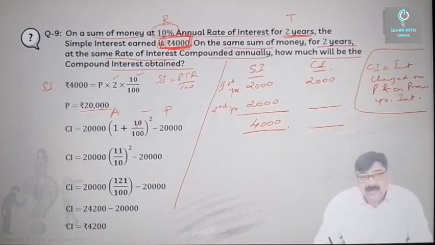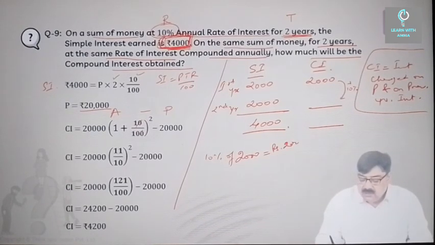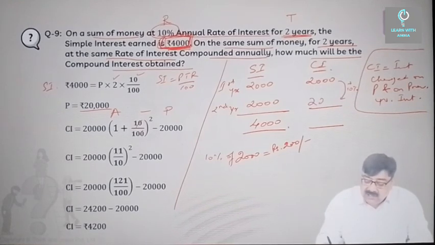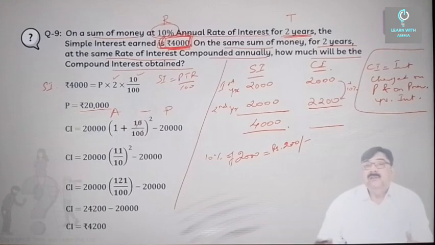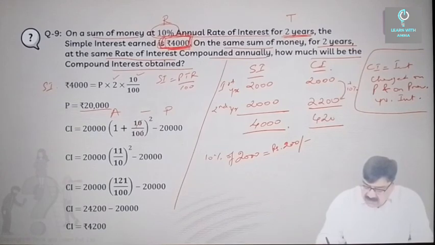So 2,000 anyhow it is going to be. How much is 10% of 2,000? Well, 10% of 2,000 is rupees 200. So 200 extra will be obtained here. Compound interest will always be greater than simple interest when the time duration is more than a year for the same rate of interest on the same principal. So it is obtained as 4,200.